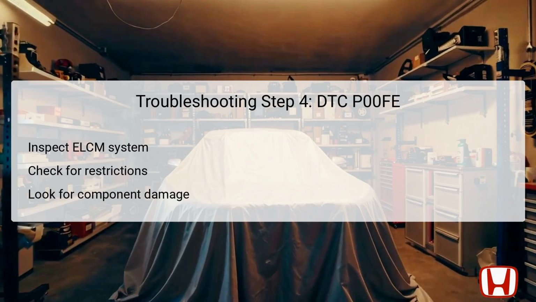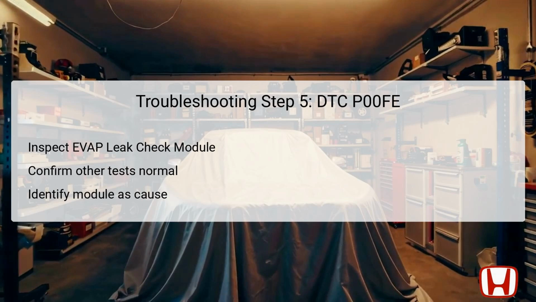It is crucial to engage in a thorough examination, as any issues found in this area could be responsible for triggering the P00FE DTC. Maintaining clear pathways in the ELCM system is essential for it to effectively monitor the vehicle's evaporative emissions.